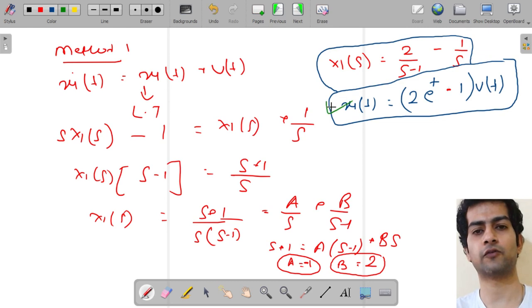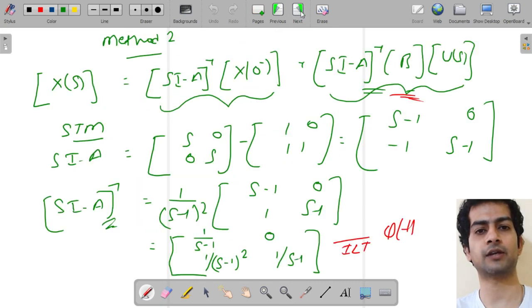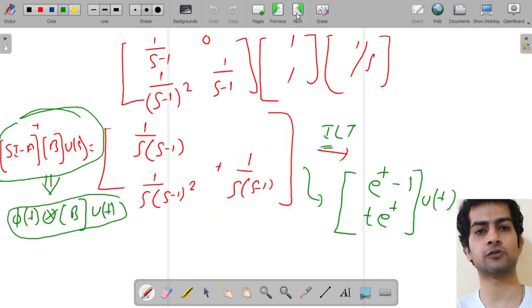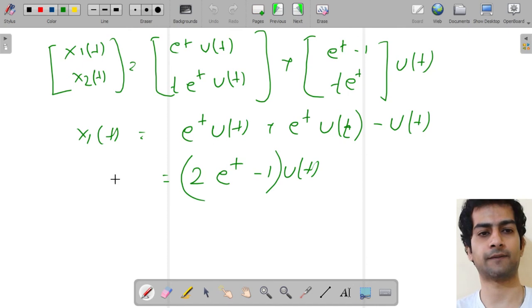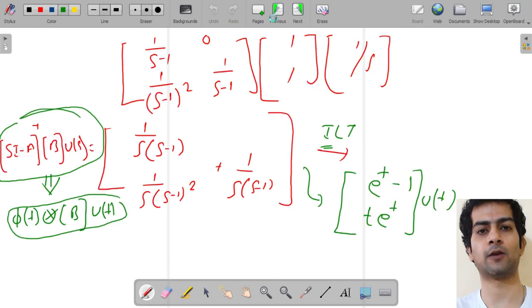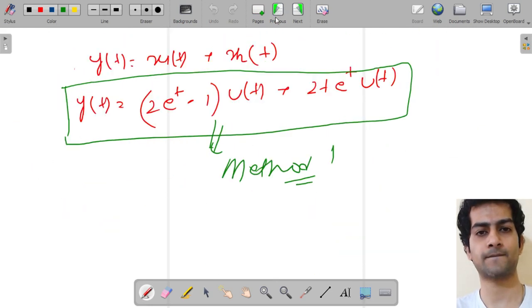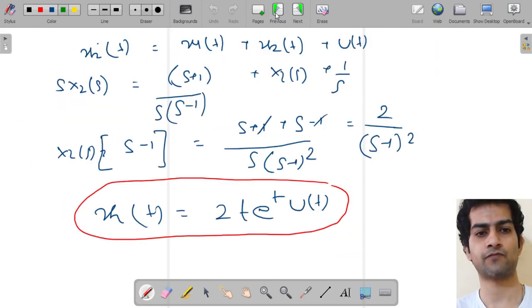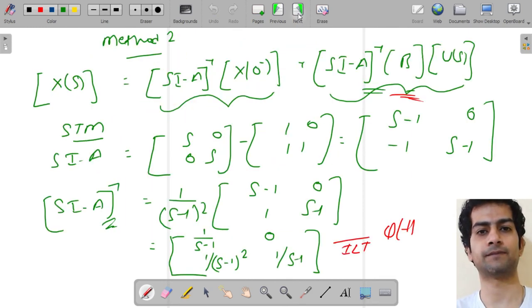See here what we were getting: x1(t) = (2e^t - 1) u(t). So by this process also we are getting the same thing. Now if I write x2(t), it will be 2t e^t u(t). Now compare it with this one, x2(t) = 2t e^t u(t).